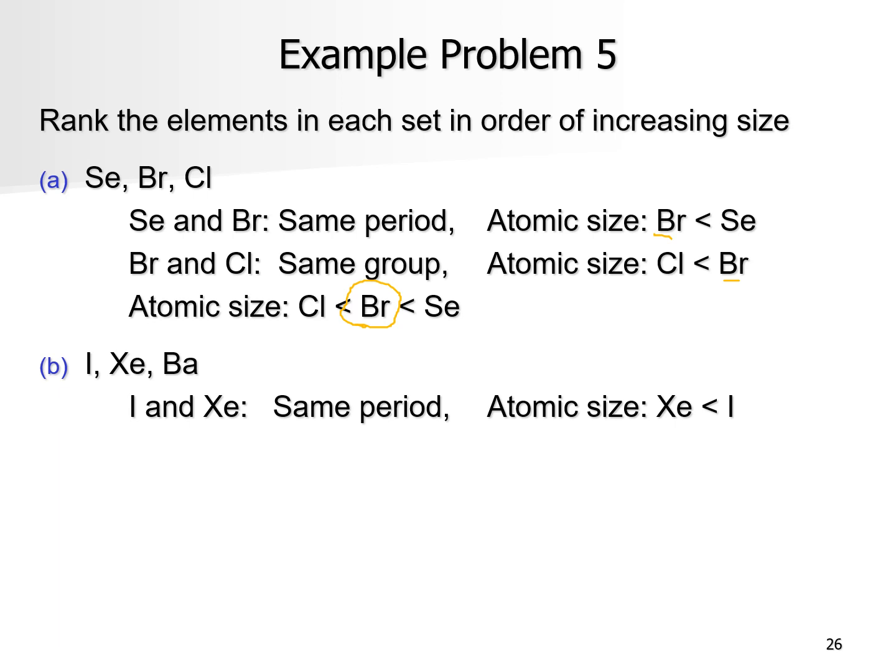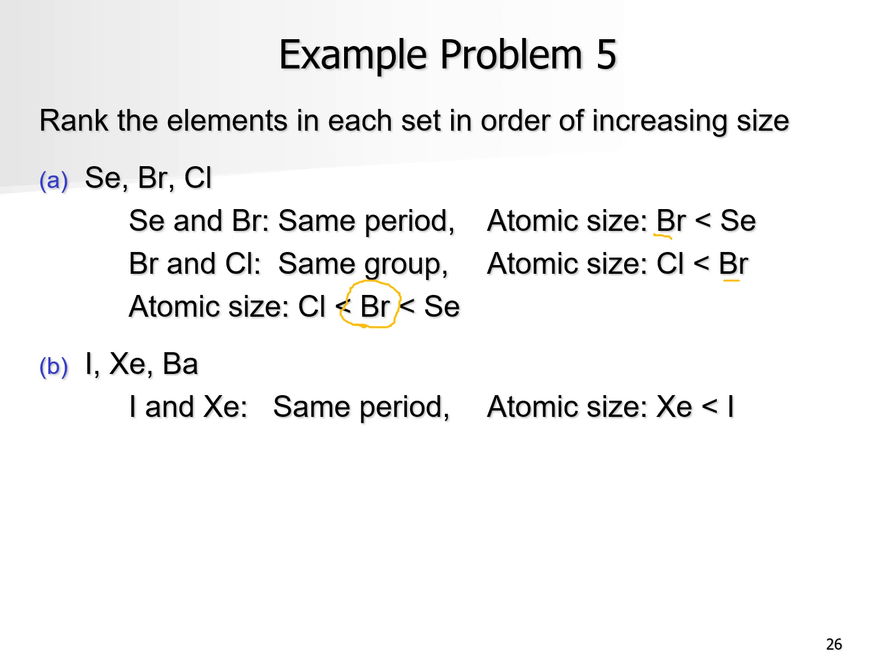Now, let's look at barium. Barium is a metal. And I just want to remind you, metal usually has a much larger size than the nonmetals because they are on the way left, right? So once they are on the left, the size gets larger.